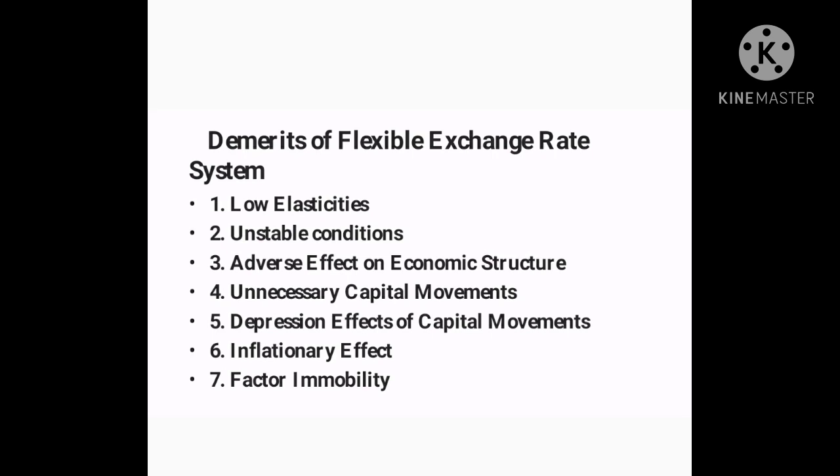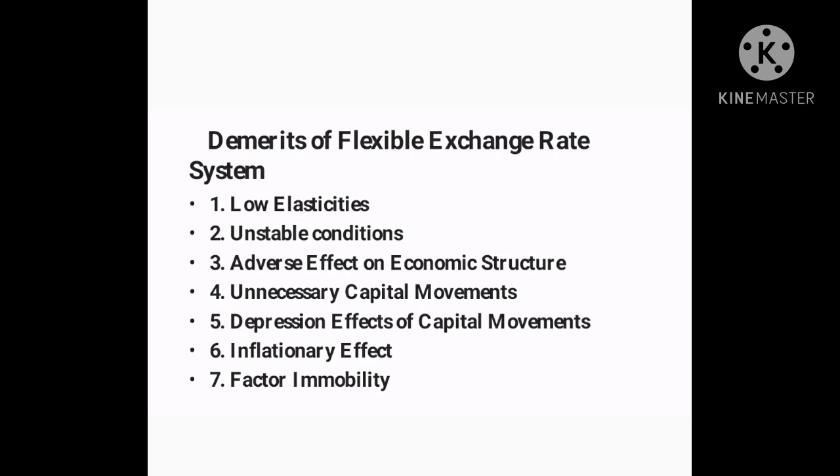Sixth, inflationary effect. Flexible exchange rate system involves greater possibility of inflationary effect of exchange depreciation on domestic price level of a country. Inflationary rise in prices leads to further depreciation of the external value of the currency. Seventh, factor immobility.